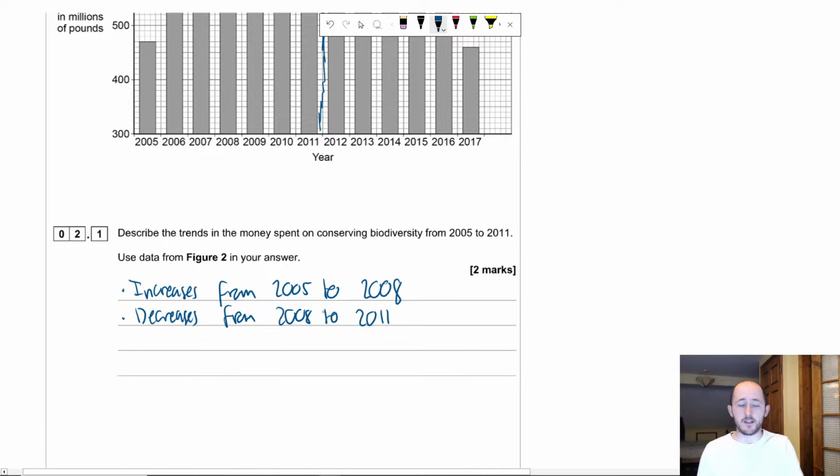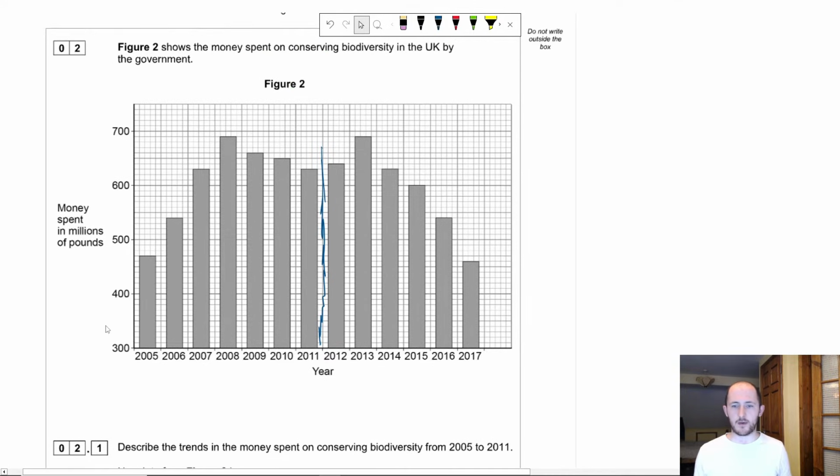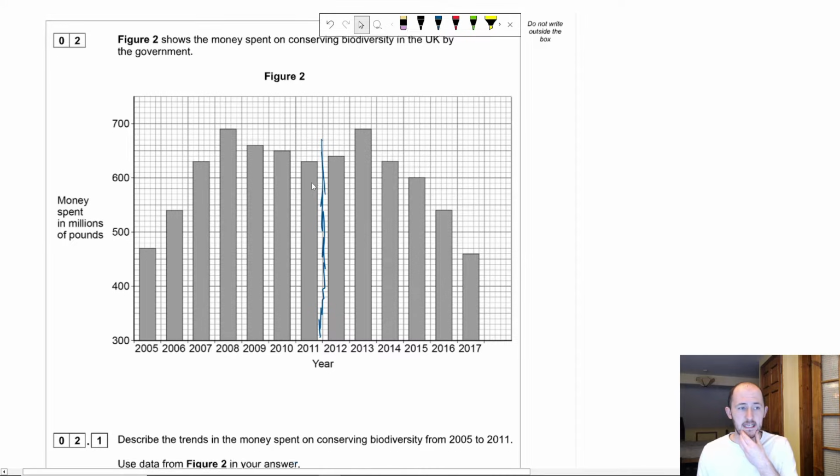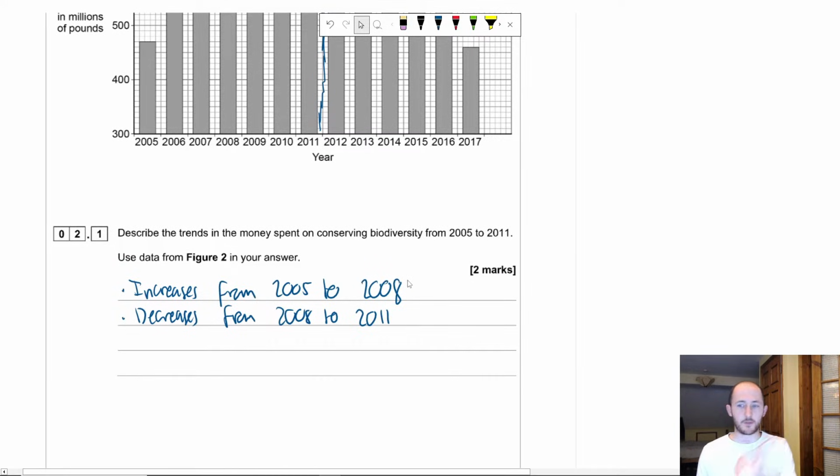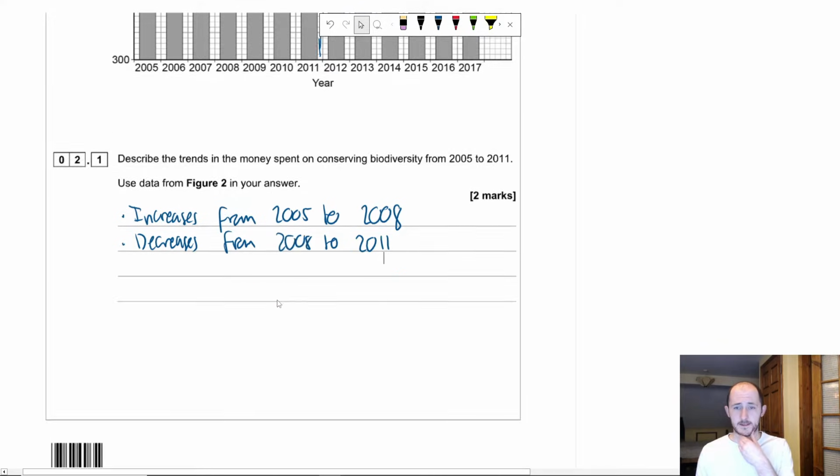That is completely fine. You don't need to quote figures. However, if you did, you would get marks. Right, so for example, increases to 690 million and then decreases to 630 million. That's completely fine as well. But you can actually just say it increases from 2005 to 2008 and decreases after the fact.